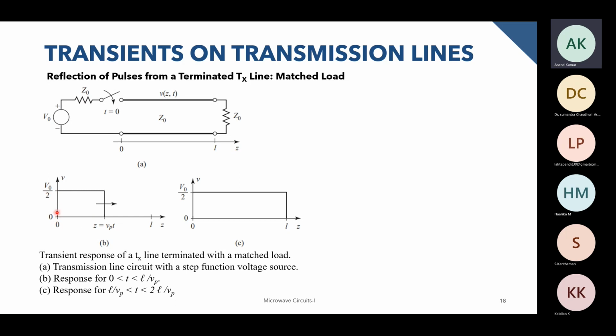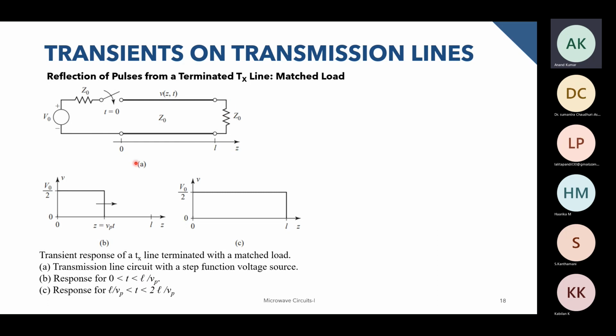As soon as it is turned on, the transmission line has V0 by 2 here, and with velocity Vp this voltage travels towards the load. The wave reaches the load resistance at time L by Vp.